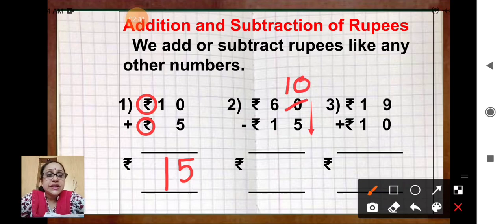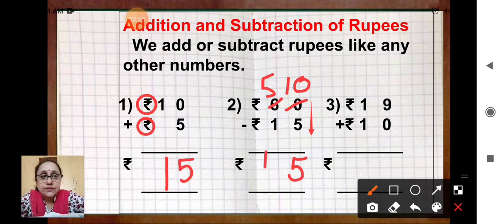Now 10 minus 5, you all know, 5. And then what we have to do? 1 less than 6. Cut it. You are getting 5. So 5 minus 1, 4. So your answer is rupees 45. Don't forget to write rupees.